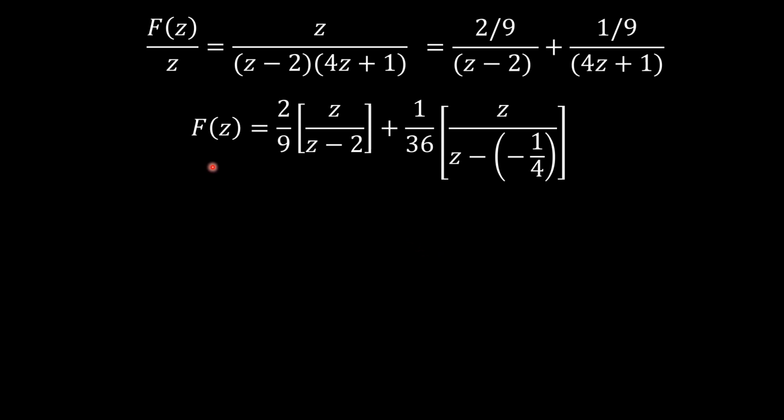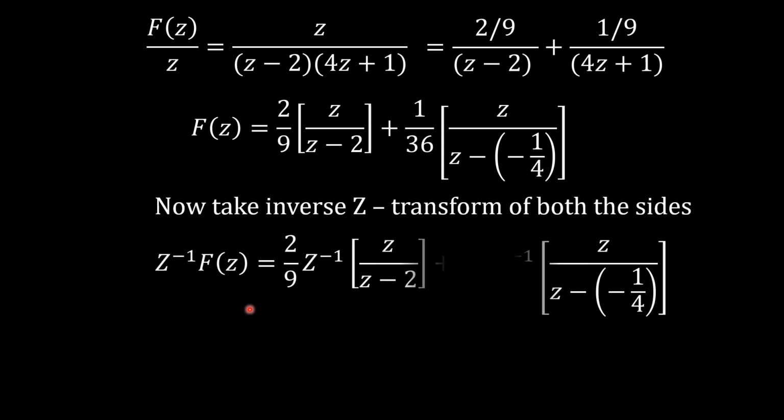As we got F(z) in the most simplified form, operate the inverse Z transform on both sides. Therefore, we will be getting Z inverse of F(z) equal to 2 upon 9 Z inverse of z upon z minus 2 plus 1 upon 36 into Z inverse of z divided by z minus of minus 1 by 4.